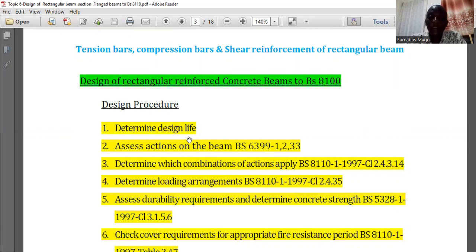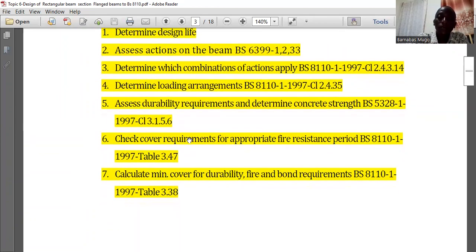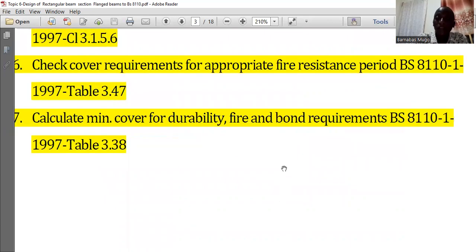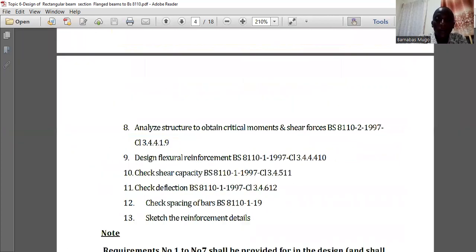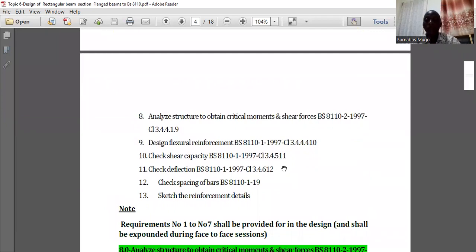Then you need to determine the combination of the loading, then determine the loading arrangements, then assess the durability, then you check for the requirement of fire resistance, then you determine the minimum cover so that you can cater for the durability, the fire, and also the bond requirements.